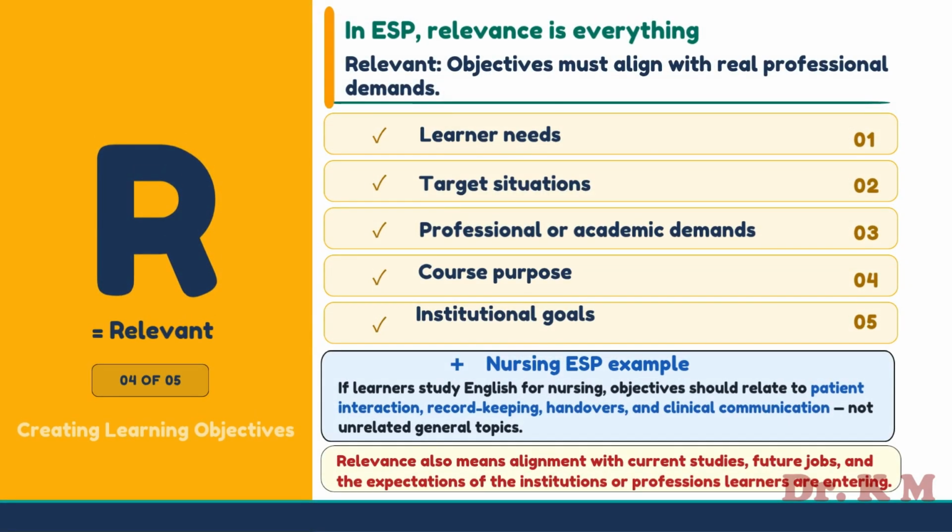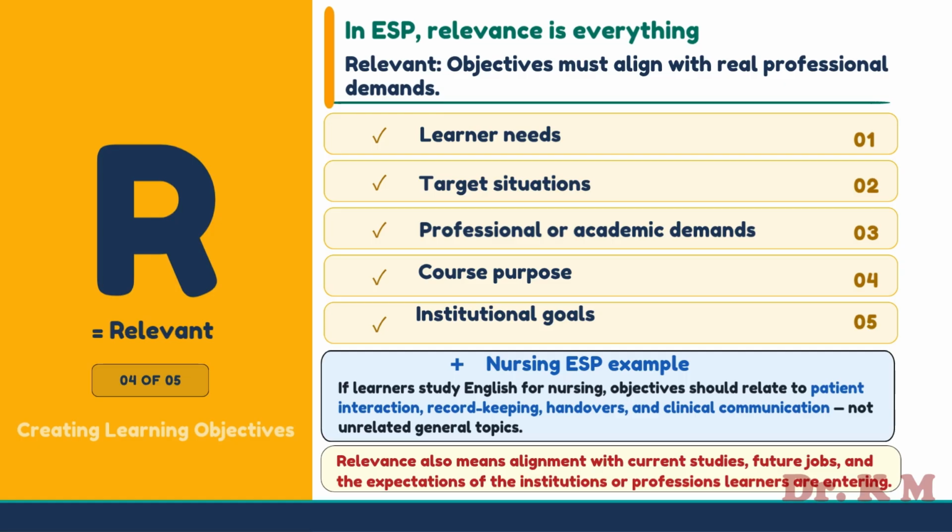Relevant. In ESP, relevance is everything. Objectives should align with learner needs, target situations, professional or academic demands, course purpose, and institutional goals. A course objective must connect directly to what learners need English for.